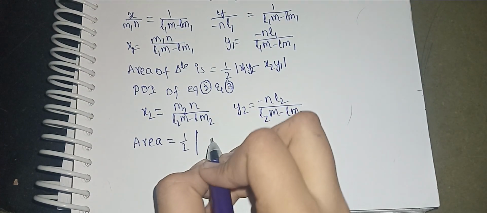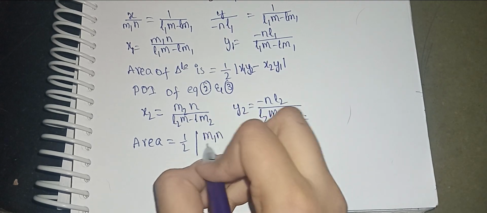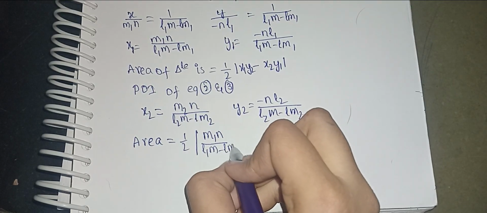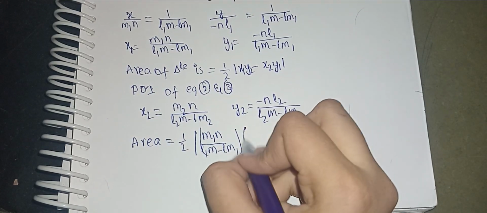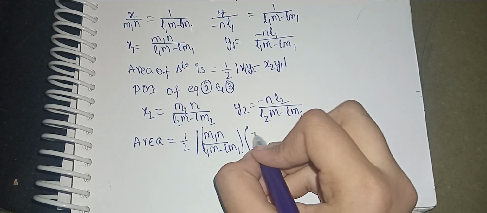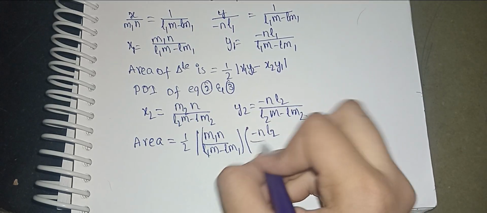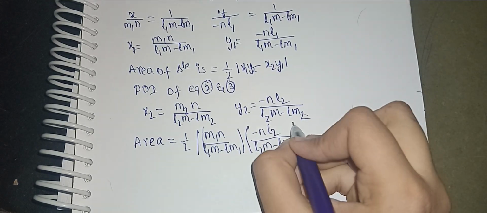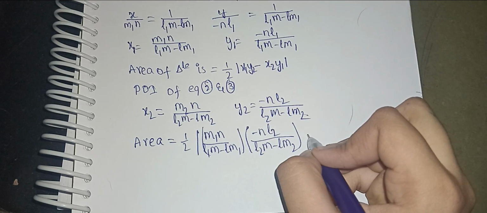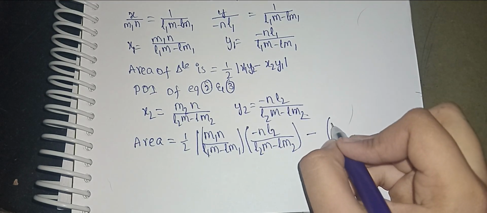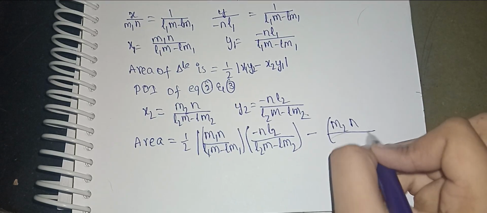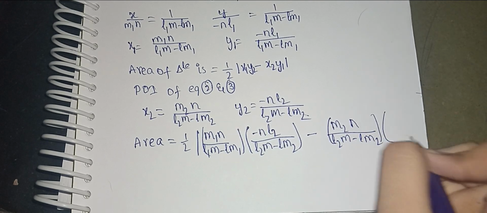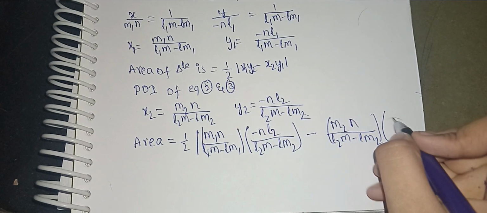Half into, what is x1? m1n by L1m minus Lm1, into, what is y2? nl2 by L2m minus Lm2, minus, what is x2? m2n by L2m minus Lm2, into, what is y1?